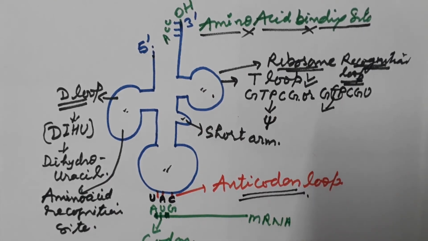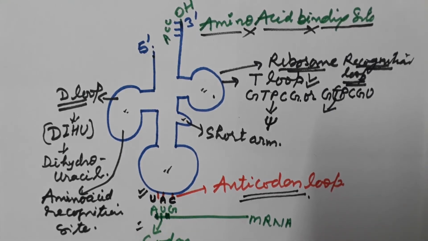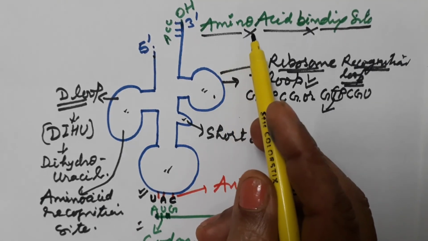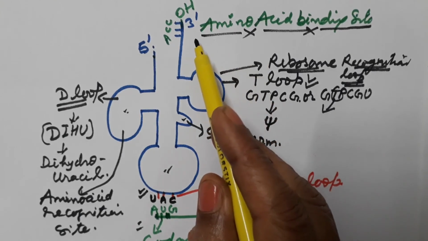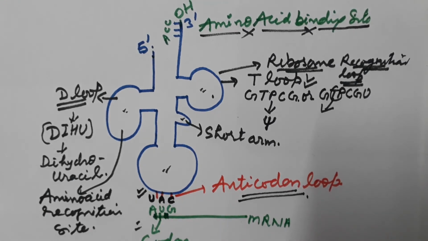Why is it known as the anticodon loop? Because it consists of the anticodon according to the codon present on the messenger RNA, and it has to read the codon present on the messenger RNA. According to this codon it brings the amino acid, and this amino acid binds at the 3' end and is then transferred to the site of protein synthesis, that is the ribosome, where protein synthesis takes place.